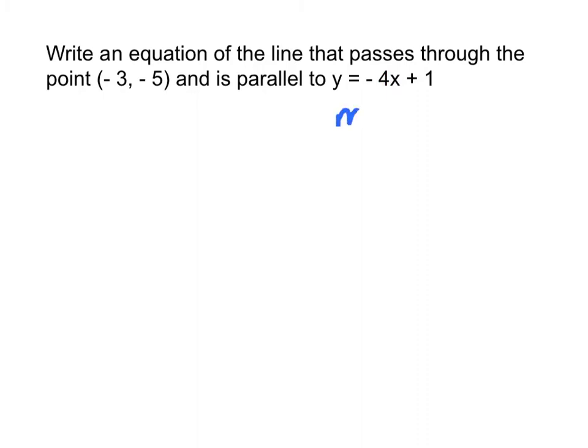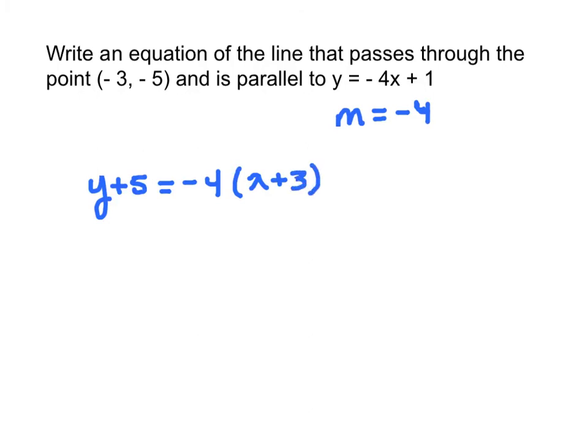So using m equal to -4, I'm going to write the equation of my line using point-slope form, and I'll say y minus my y-coordinate, minus -5 is plus 5, is equal to -4 times the quantity x minus -3, so plus 3.